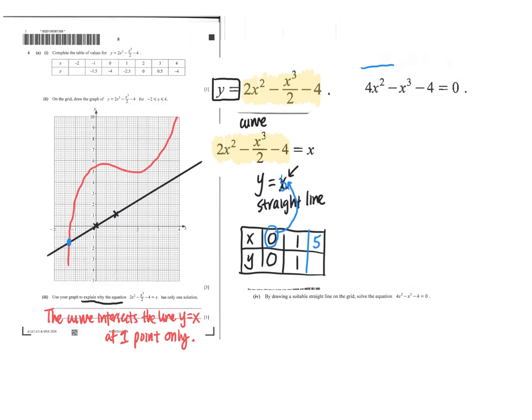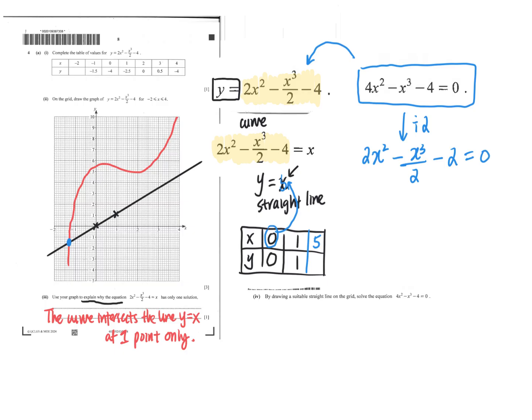But from here, how do I make it look like this? Divide by 2. If I divide this equation totally by 2, I will get x cubed over 2 minus 2 equals to 0. It's still not exactly like the yellow one. What should I do to make it look like the yellow expression?